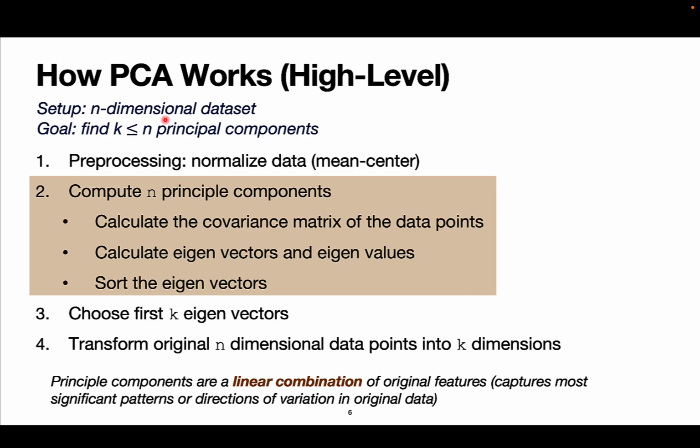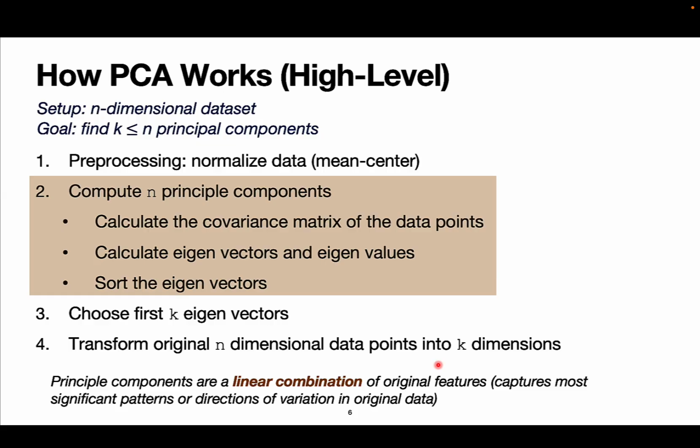How PCA works at a high level, without getting into the linear algebra side of it. In the problem formulation, we have an n-dimensional data set, and our goal is to find those k principal components, hopefully k is less than n, and then transform our original n-dimensional data to those k linear combination dimensions.